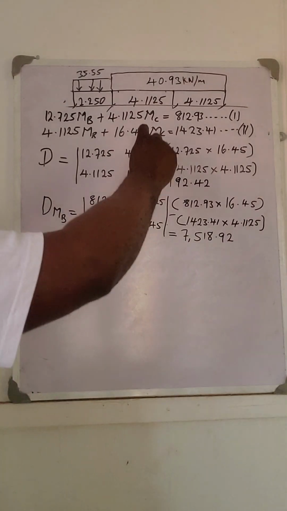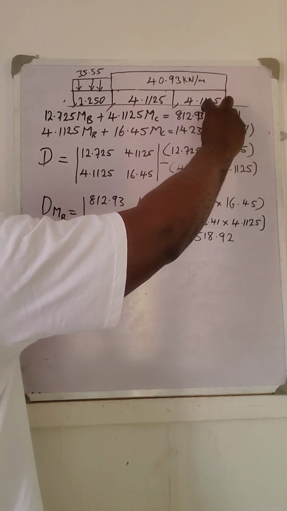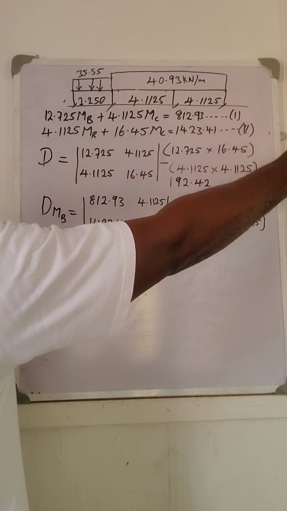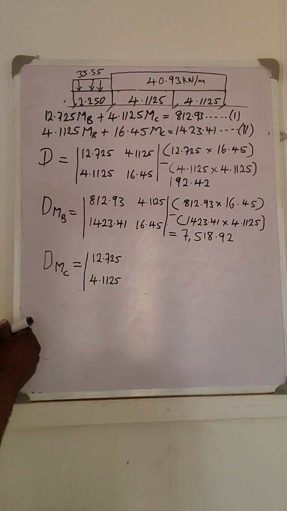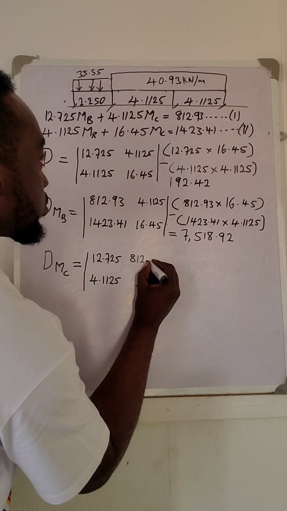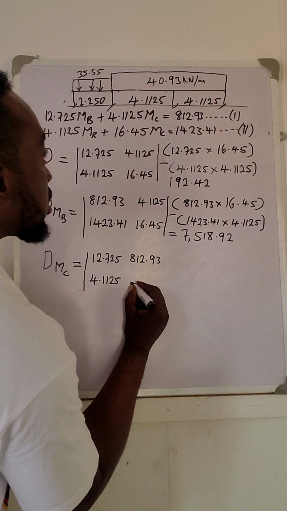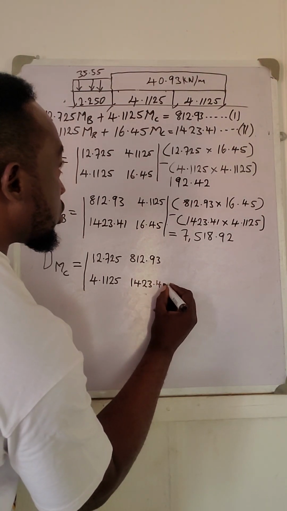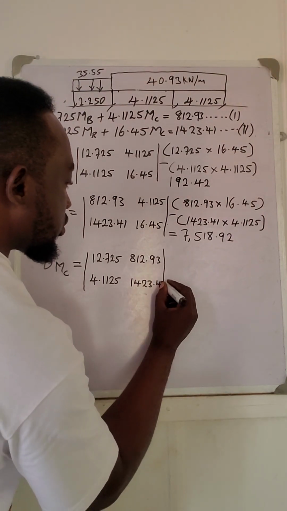Then for MC, you use the values at the right hand side after the equality to replace the coefficient of MC. This now becomes 812.93, 1423.41.